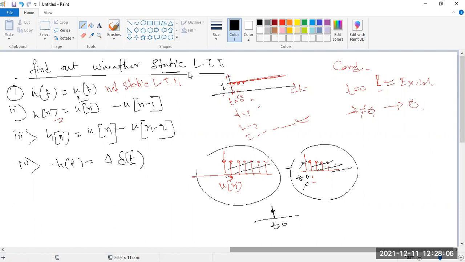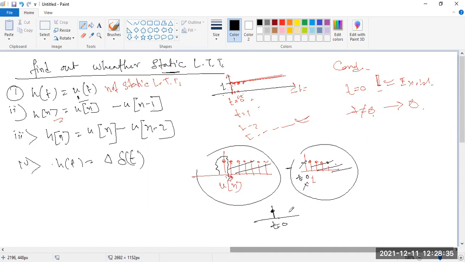So guys, could you understand these things? If I subtract u of n-1 from u of n, it is shifted by 1 and all these terms cancel, so only this portion will remain.